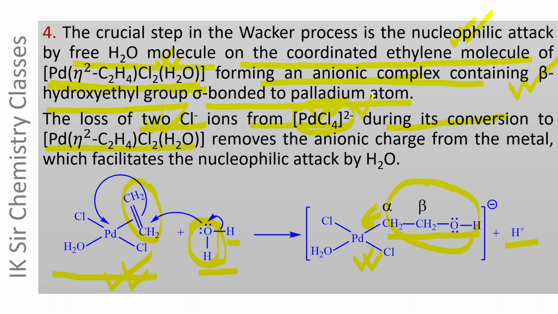It has no negative charge, which facilitates the nucleophilic attack by H2O. Since this species has zero charge, the nucleophilic attack by the H2O molecule is facilitated during the fourth step of the reaction.